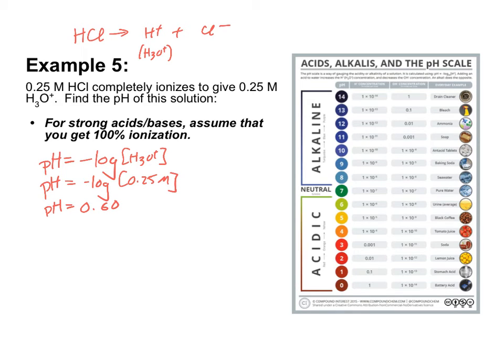Now, if I ask you to calculate something called the pOH, 13.4 equals the pOH. And if I know the pOH and I want to calculate the OH minus, I could use this formula.